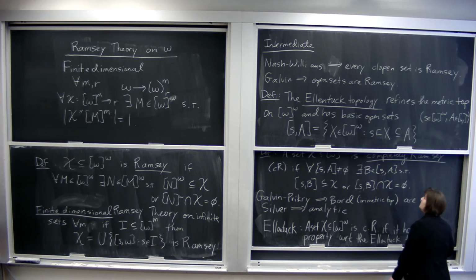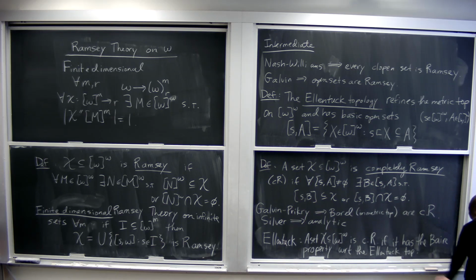Okay. So this is our progression from the infinite Ramsey theorem, which is really a finite dimensional theorem, but on an infinite set, to infinite dimensional Ramsey theory because we are coloring infinite objects.